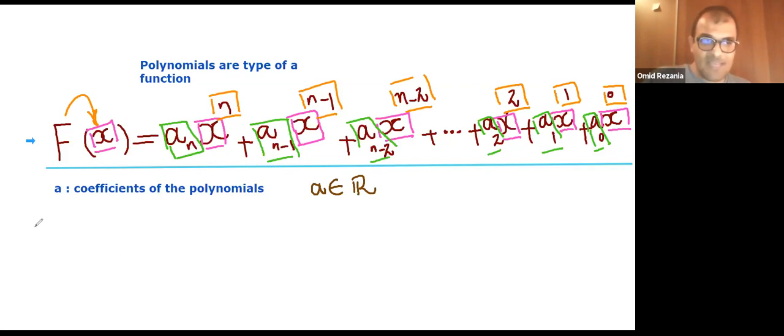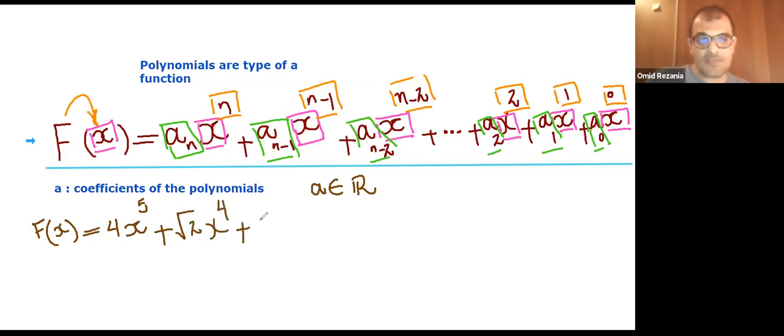As an example, I'm just going to show that to you. f of x as a polynomial, I can choose n equal to, let's say, 4, and I write, for example, 4 times x to the power 5 plus square root of 2 times x to the power 4 plus, let's say, x to the power 2 plus 5.